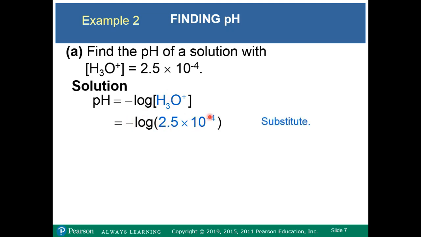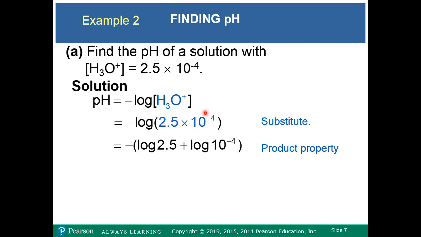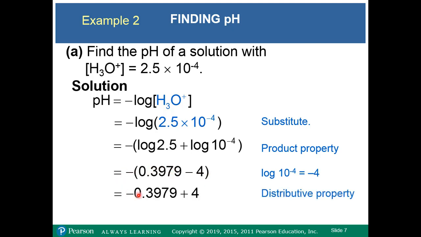And so we take the negative log of this, and here we're using the fact that this is 2.5 times 10 to the negative fourth power, so we can use the property of logs that breaks this down into a sum. So we can take the log of 2.5 plus the log of 10 to the negative fourth. And so then we get this minus this, and we take the opposite of that, and we get a pH of approximately 3.6.